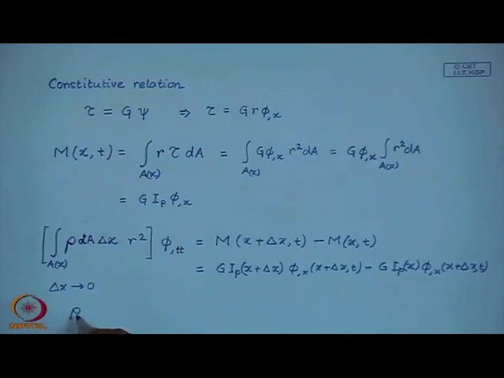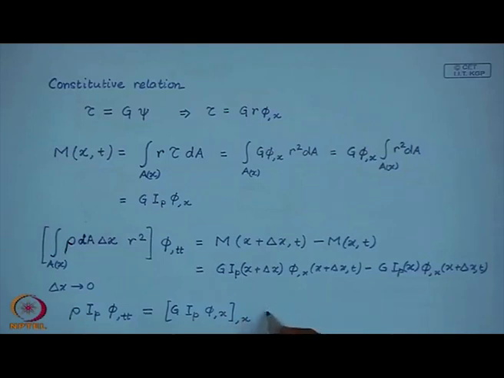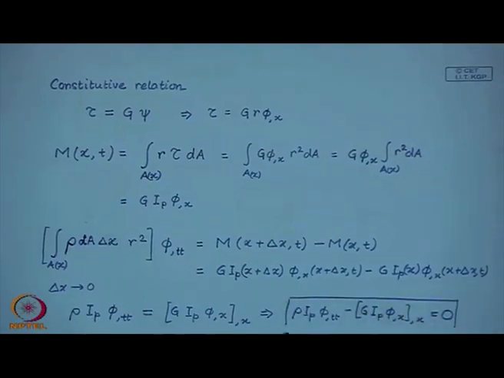So, I can write rho I p, the angular acceleration, must be equal to, and that gives us upon rearrangement the equation of motion of torsional dynamics of a circular bar.